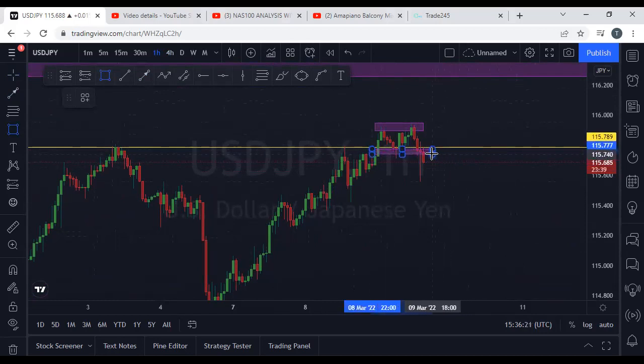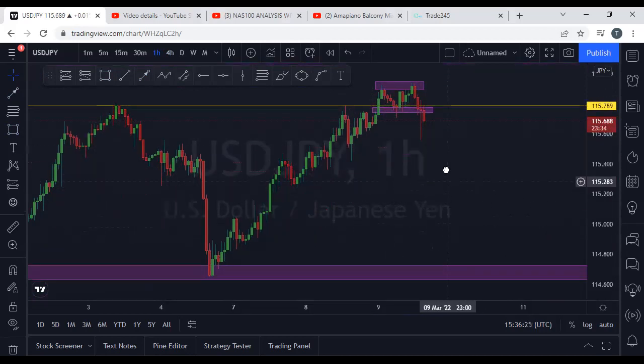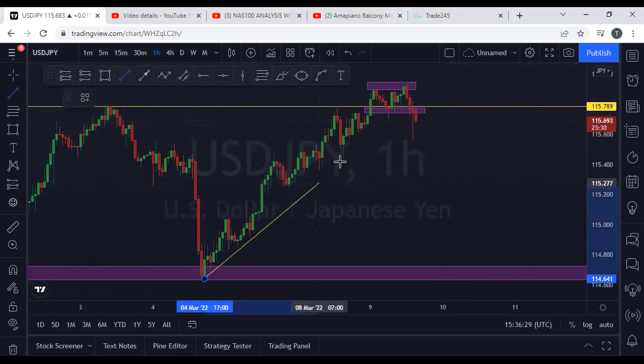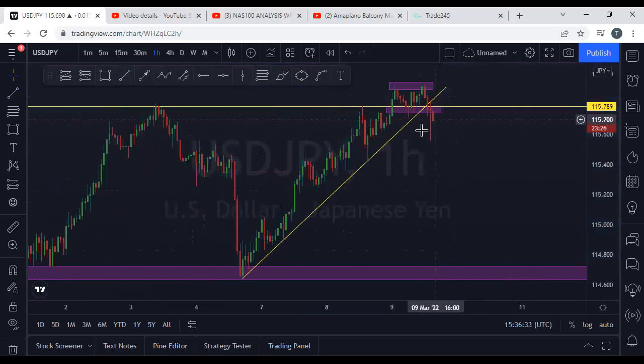They are obviously there. So it's a broken neckline, so it is now falling. And then once again it has broken our structure. It broke below the structure, so obviously we are selling currently. I can confirm that the market is selling on USDJPY.